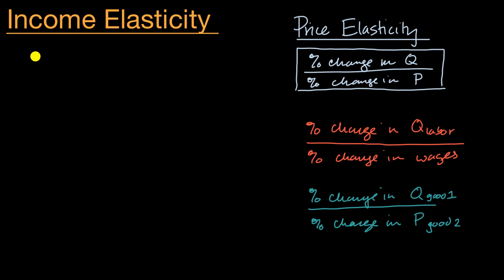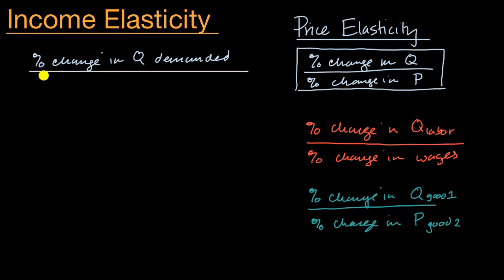This is going to be our percent change in quantity demanded, divided by, instead of thinking about the percent change in price of that good or service, the percent change in income of the people who might be in the market for that good. So normally you would expect that when our percent change in income goes up, the same thing would happen to our percent change in quantity demanded.